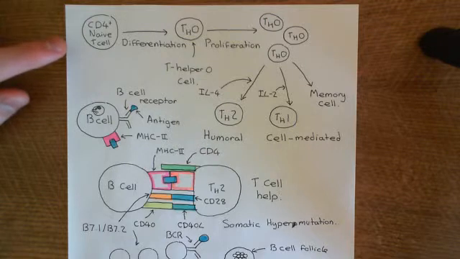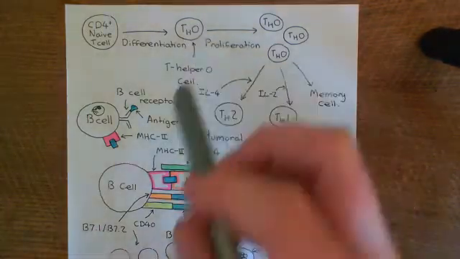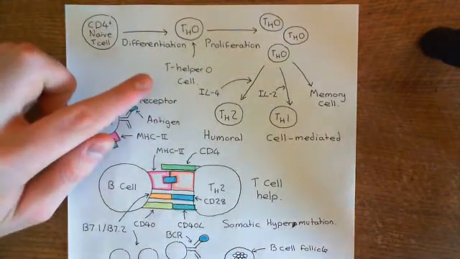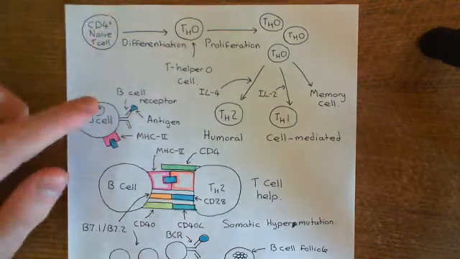When the naive T cell activates, the first thing it does is differentiate into what's known as a T helper 0 cell, often denoted T subscript H 0.